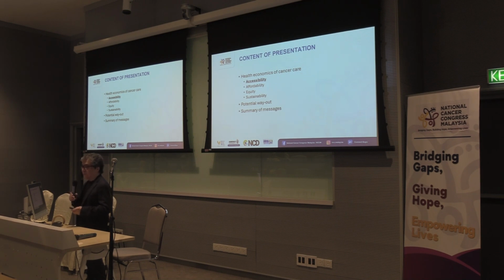If I were to go through all 4 areas, I would need another 2 days. So I'm just going to concentrate on the one that is of highest interest to both the patients and healthcare providers, and that is accessibility. Then I'll make some personal suggestions as to what is the potential way out.